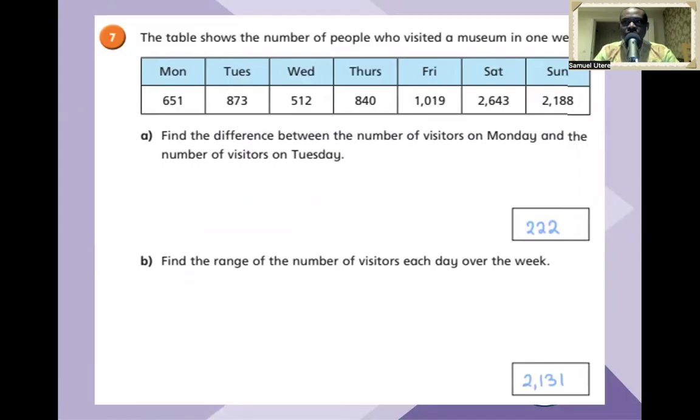For a question like this, you're required to look at the table, pick out the values, and use them to answer the question. And then here you're asked to find the range of the number of visitors each day over the week. So you look at the numbers on the table, you pick the largest one, and you subtract the smallest number from the largest one. And that's the largest, and that's the smallest.